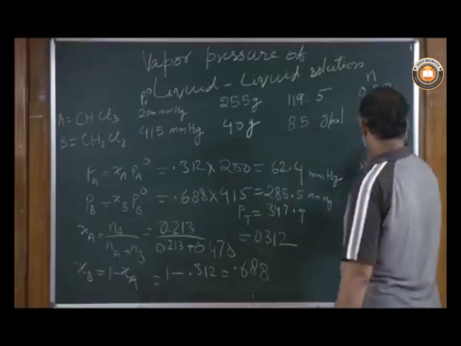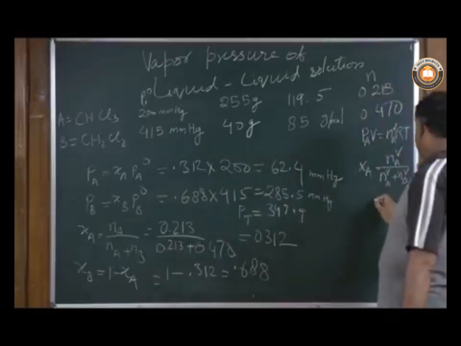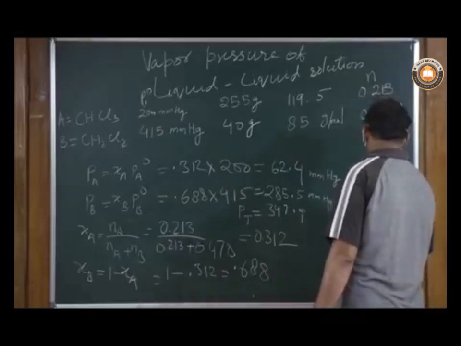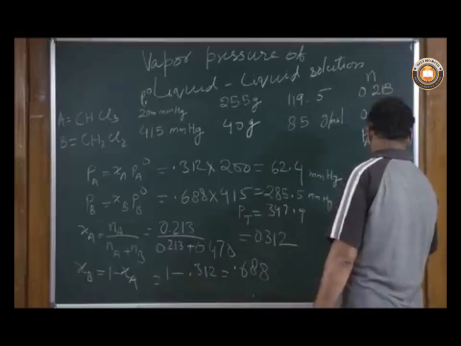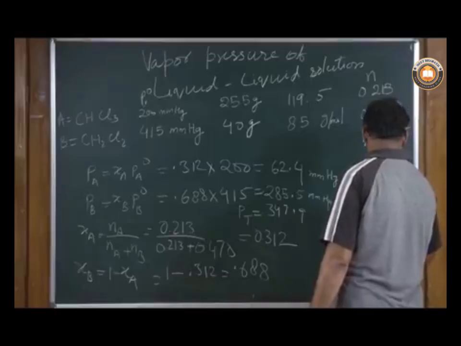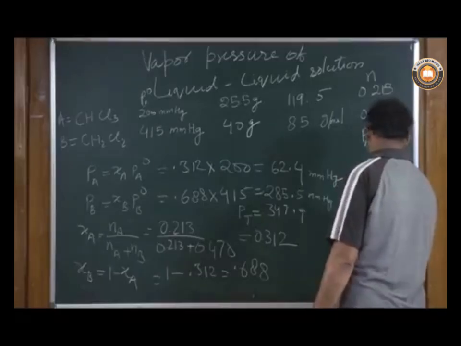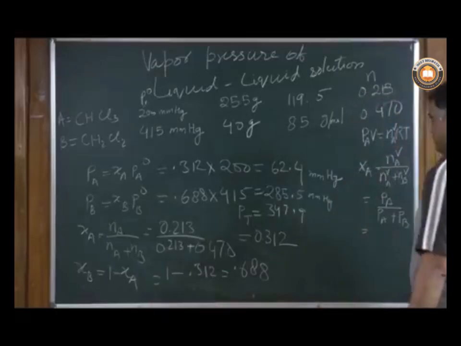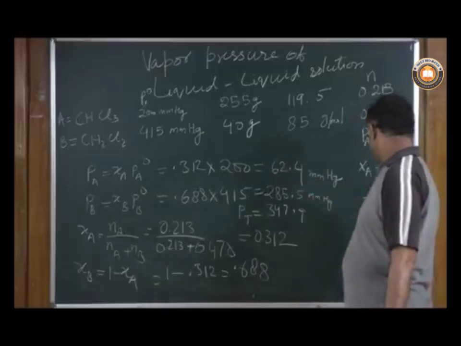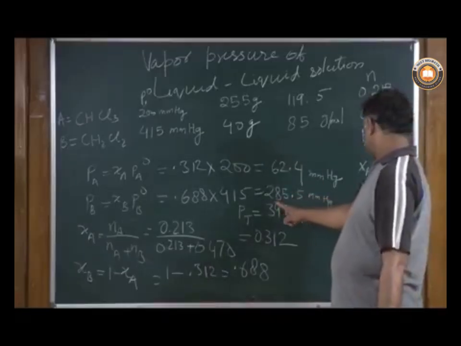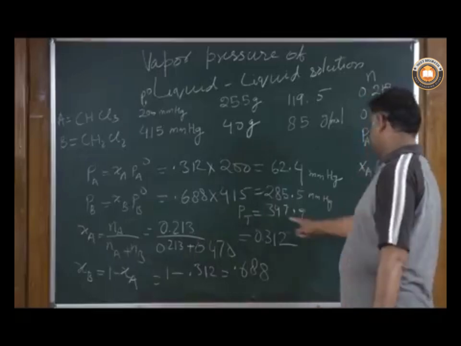And if I substitute n_A from here, I will get P_A divided by P_A plus P_B. And I have all this information. P_A is given right here, P_B, and P_A plus P_B is nothing but P total.